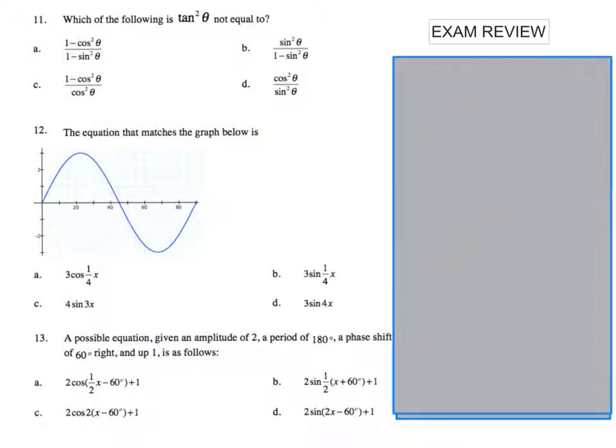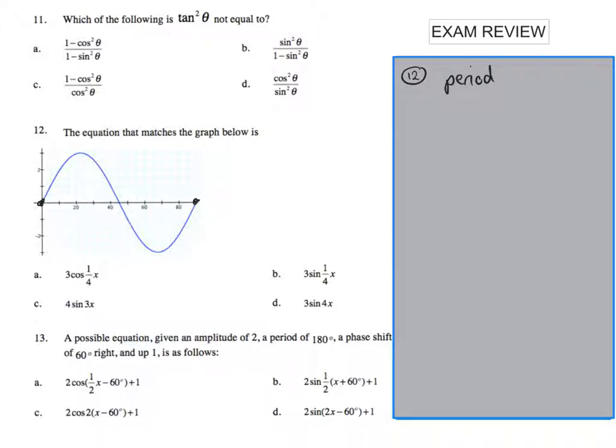So question 12. And question 12 can be a little intimidating because it's not quite sure what to do. If you look at the diagram, we've got a period from 0 to 90. So we know that the diagram has a period of 90 degrees. And that might be the first thing we look for. So if we look at A, which is 3 cos 1/4 x, well, the first thing, the graph looks like a sine graph.